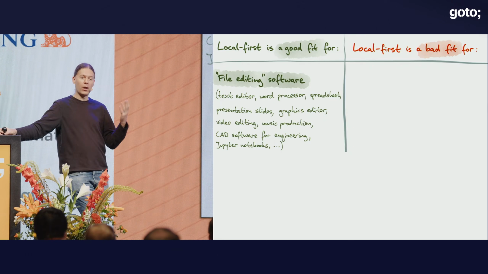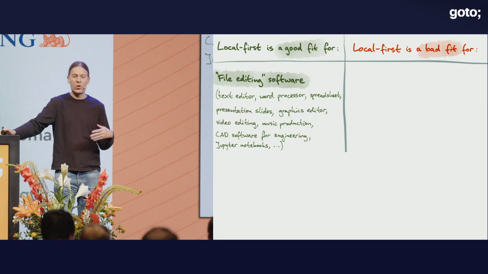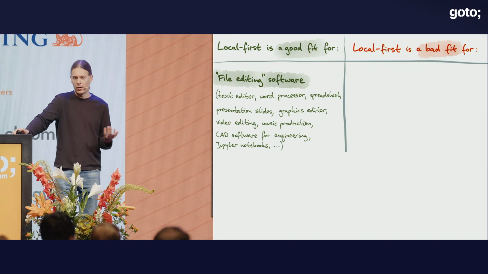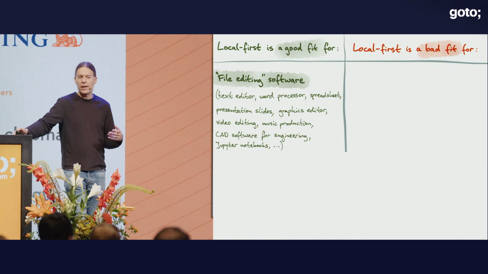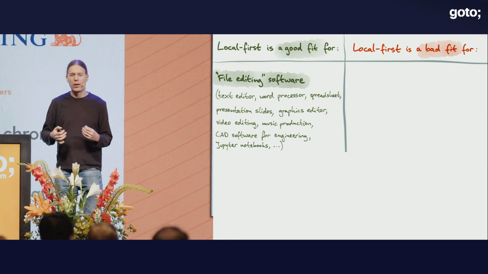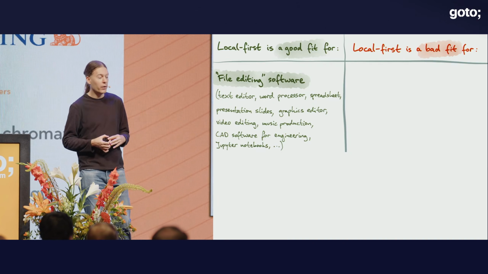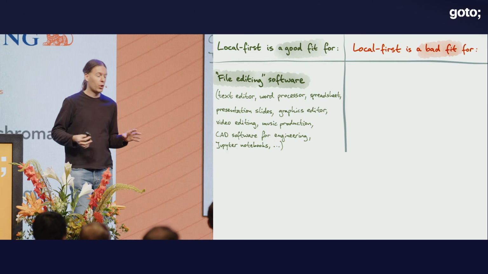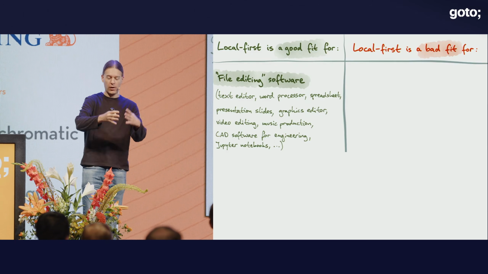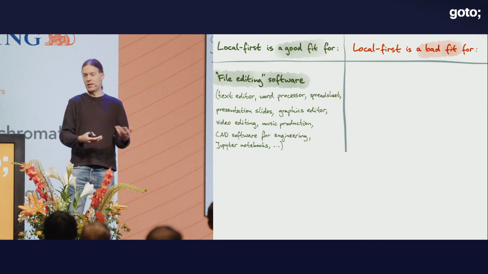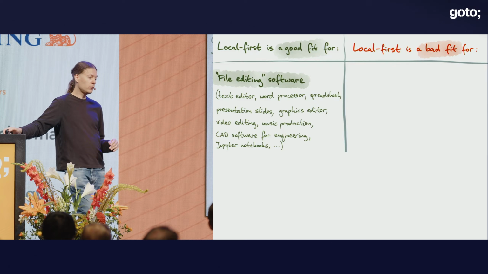It's text editors and word processors, but it's also spreadsheets and slides for presentations, it's vector graphics and bitmap graphics, it's video editing, it's music editing, it's CAD software for engineering, like building electric circuits and so on. All of those types of software fit really well with the local-first model, where the user has some data that the user themselves created, and the user wants to edit that data in whatever way they want.